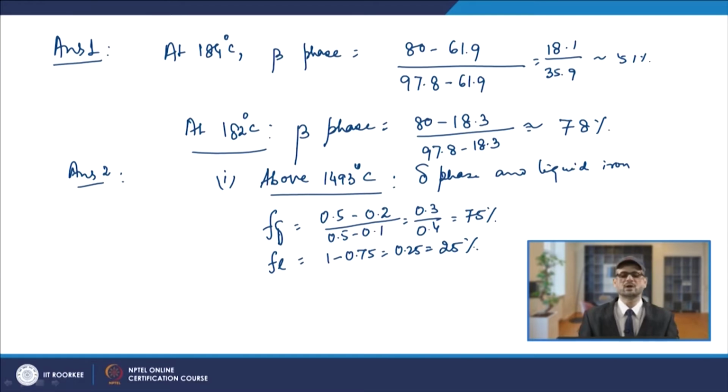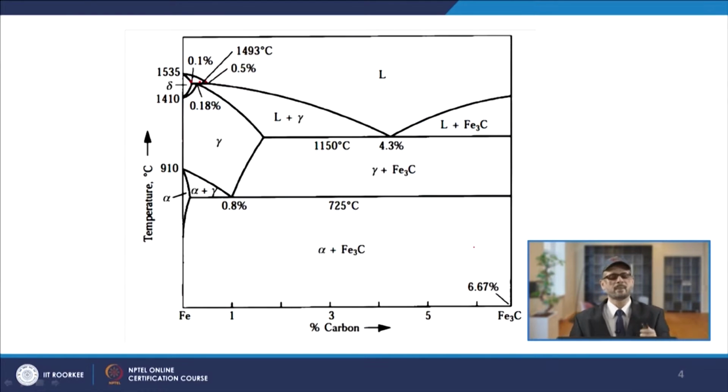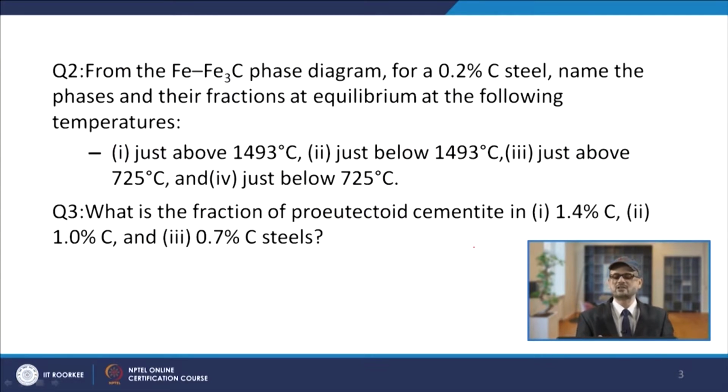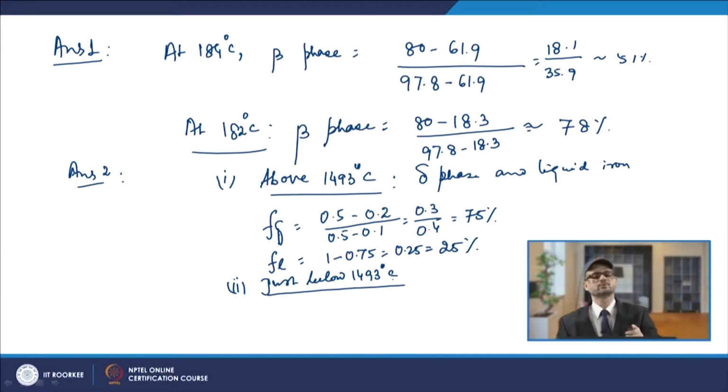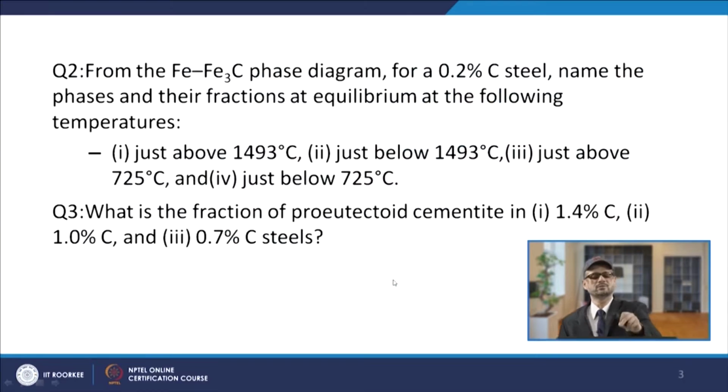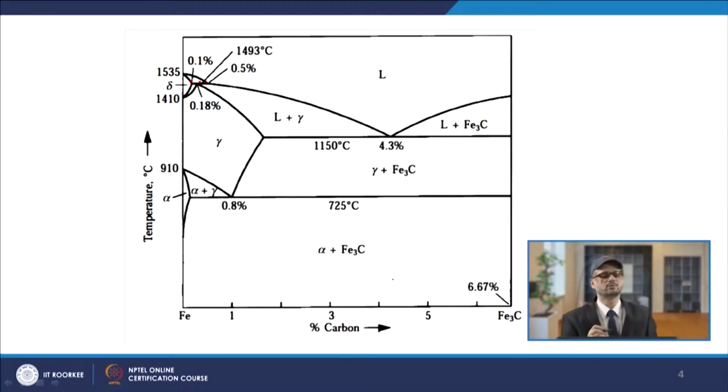Now, we have to see the next, that is just below 1493 degree centigrade. So, if you come to just below 1493 degree centigrade, let us see how we know what the phase is.